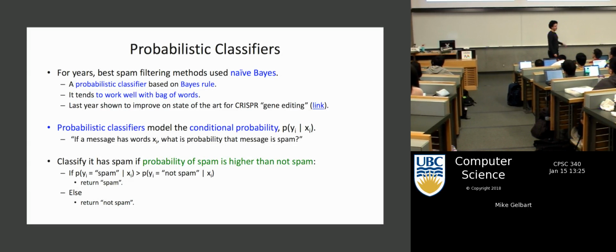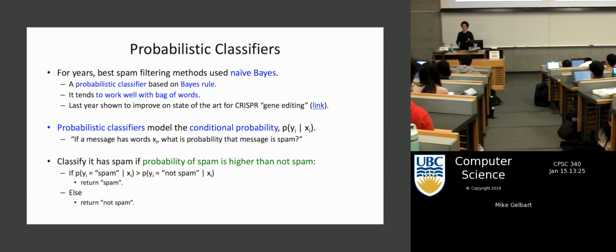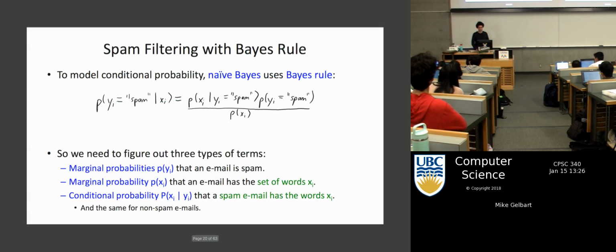We will come back to that, but the preview is that to save us some time, we are going to end up with probabilities that are not normalized. We will not bother making them add up to 1, and we'll just see which one is bigger, and it'll make things a bit easier. Okay.